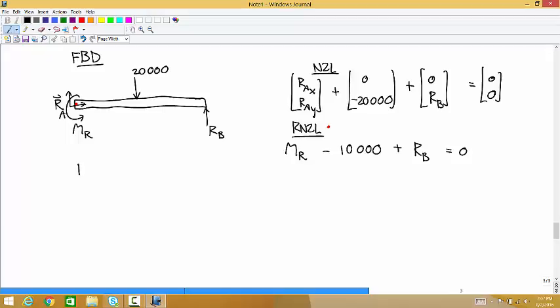So RAX is equal to 0. Let's not count that in our list of equations. We'll just set that aside.